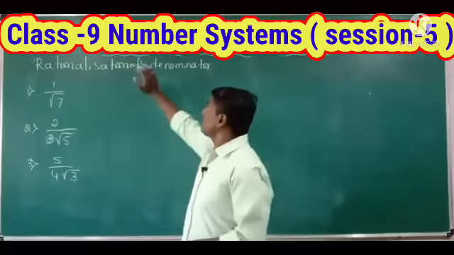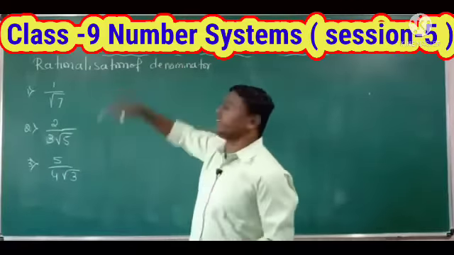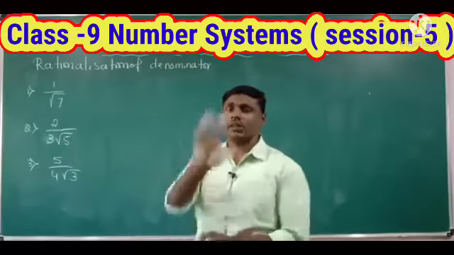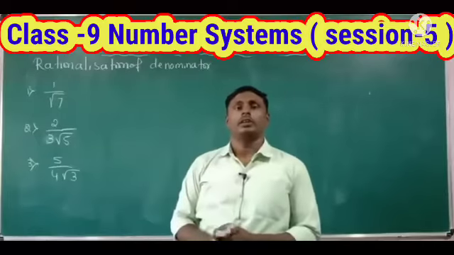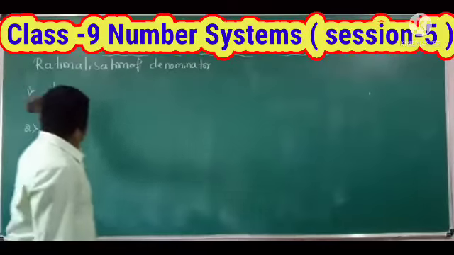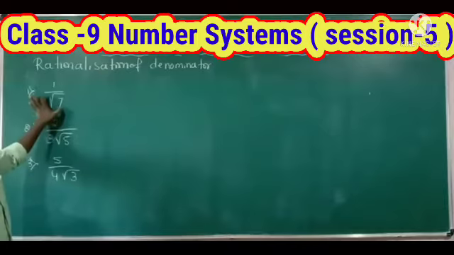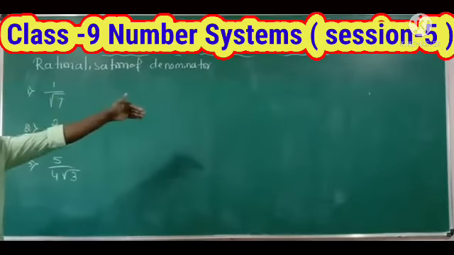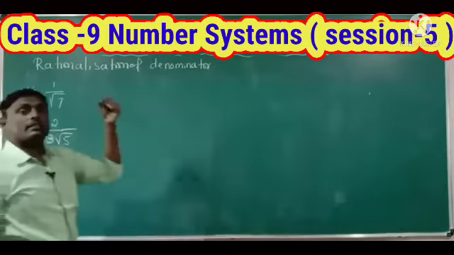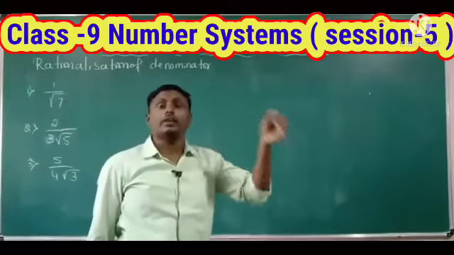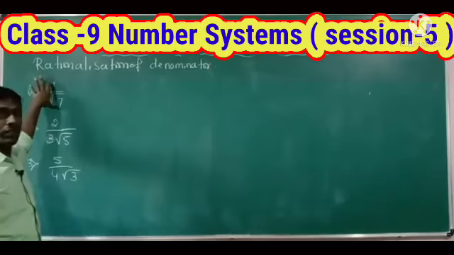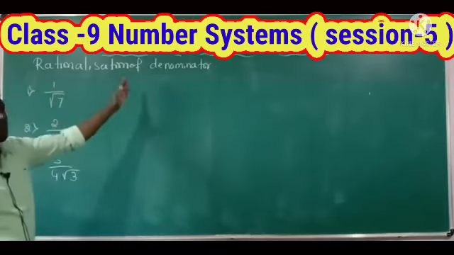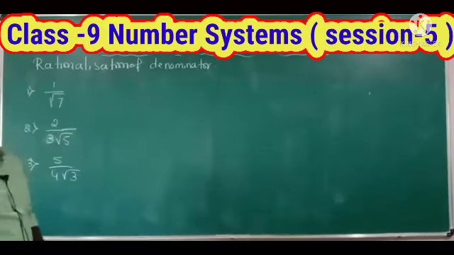While you are finding the denominator rationalization, just concentrate on the denominator part. The least rationalizing factor, as we already discussed, we need to multiply for the given question, and we will convert it into a rational number.